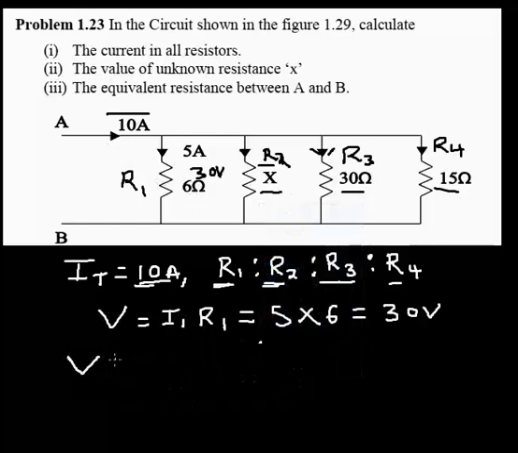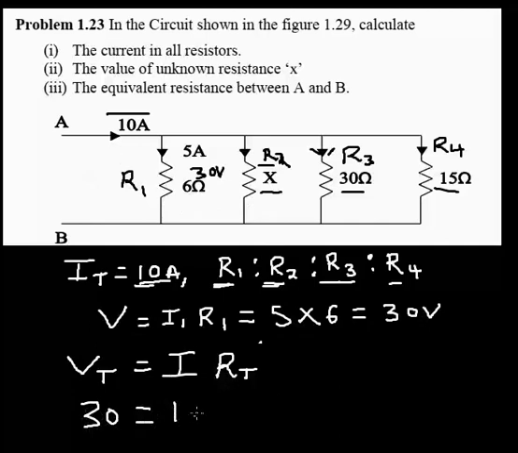Remember, according to Ohm's law, the total voltage is going to be equal to the total current, which of course is 10 ampere, multiplied by the total resistance. That way, I can find the unknown resistance. The total voltage is still the voltage across the parallel connection, 30 volts, equal to the total current. The current flowing through is 10 ampere.